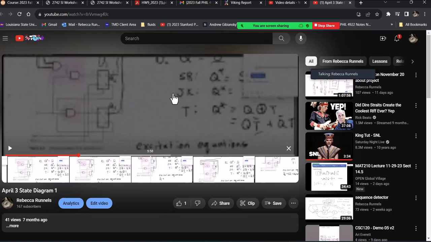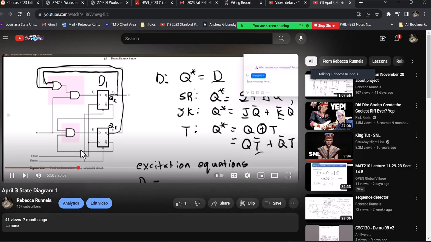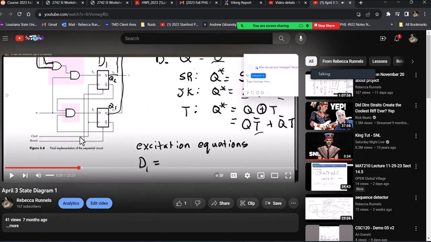I'm going to post this one. This is an example of, so this is from homework 6. It's another example of analyzing a circuit. So I'll post this in the SI resources.